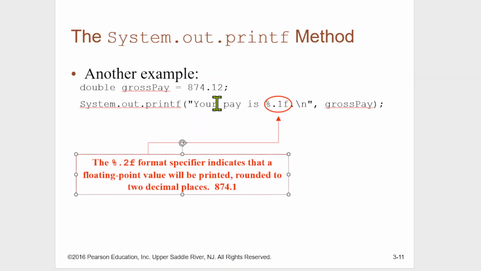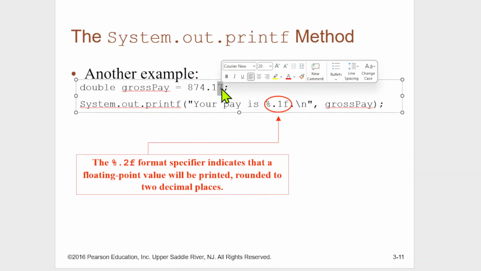But if this was 87.17, this would come out to be 87.2. It's rounding. Very important to keep in mind that it's rounding.